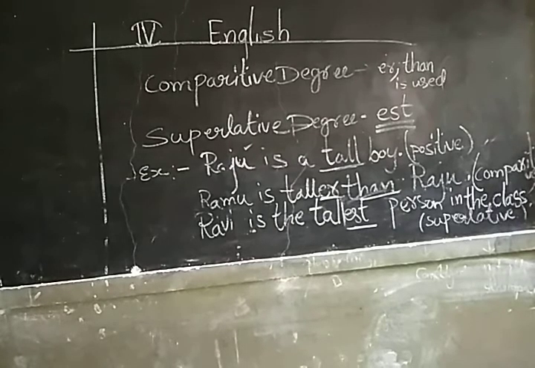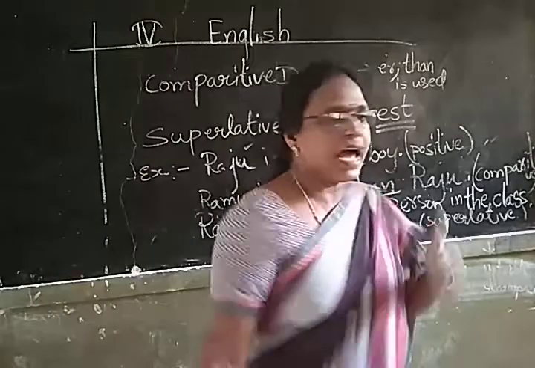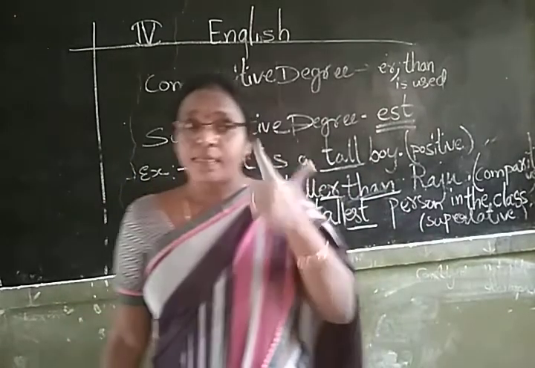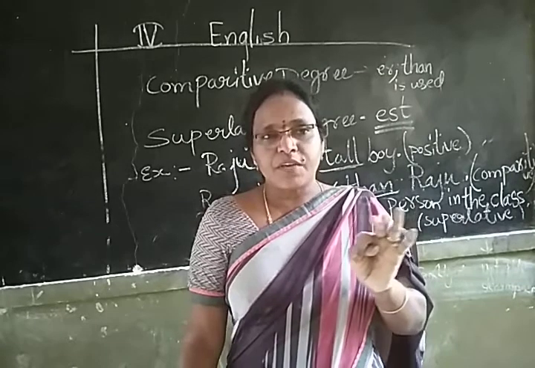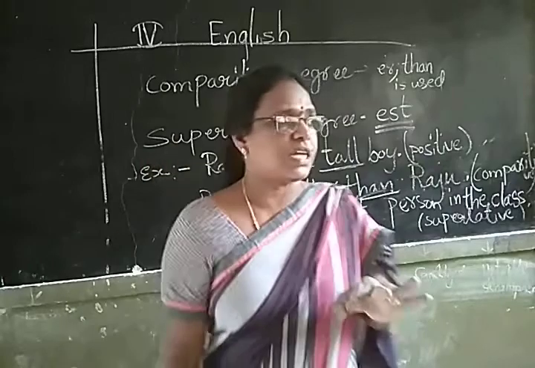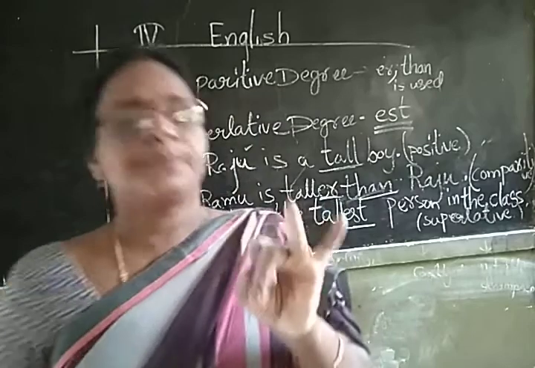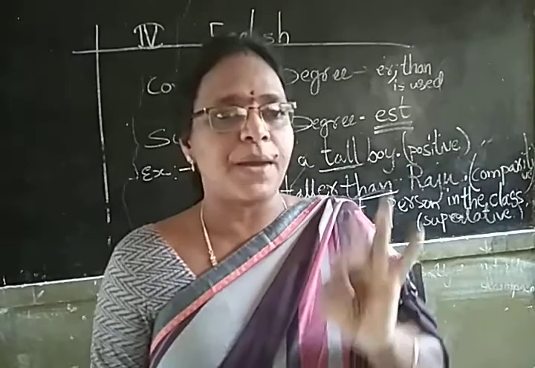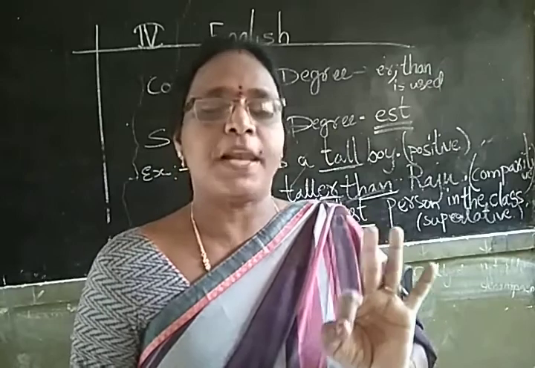Let me say it once again. Degrees of comparison are done with adjectives. How many types of degrees of comparison are there? There are 3 types. One is positive, second is comparative, third is superlative.